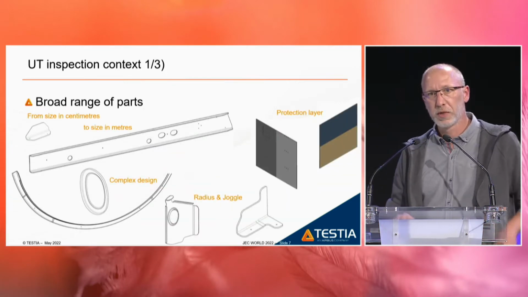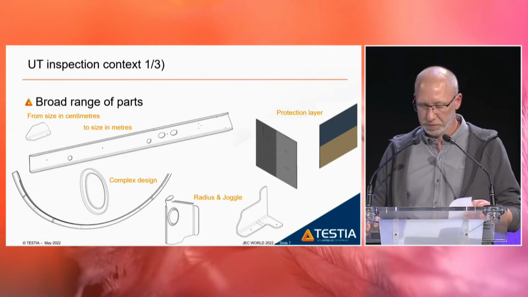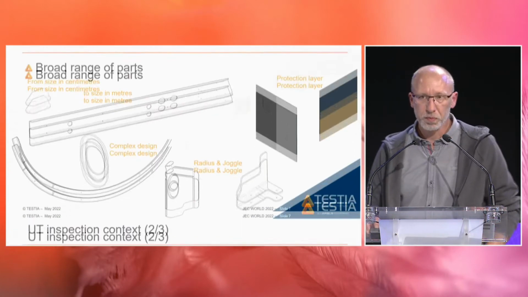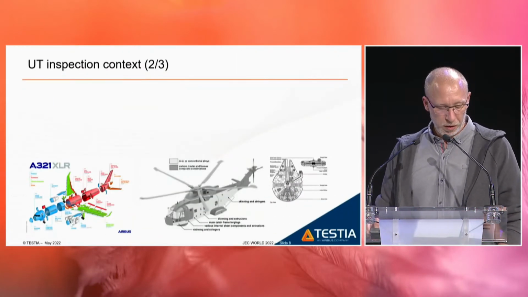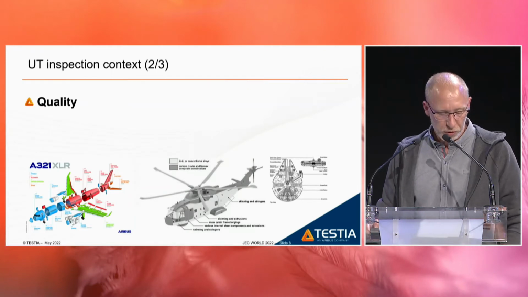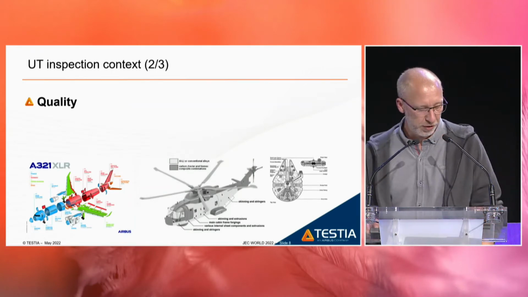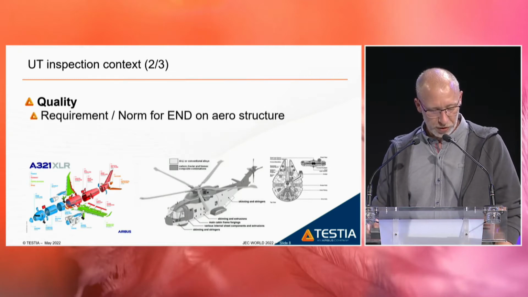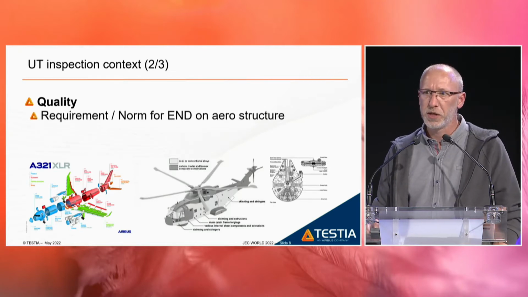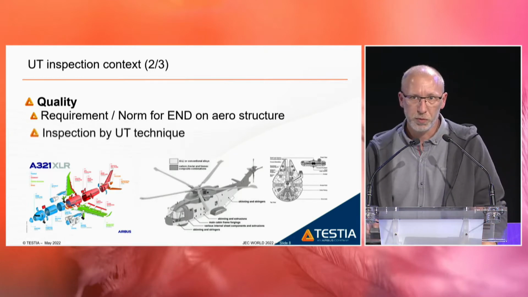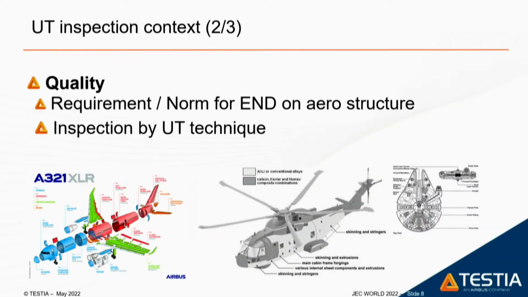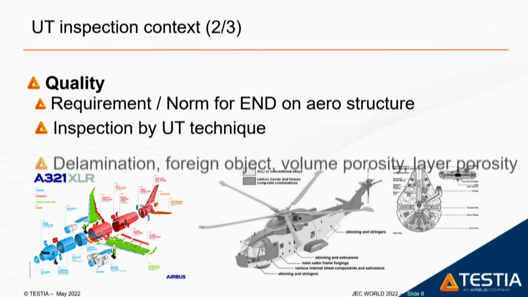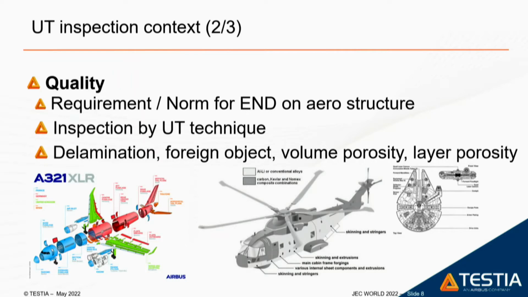To continue, let's have a look at the quality. We have to follow the customer requirements for quality and traceability. The customer requirement for non-destructive inspection on composite parts is mainly turned towards UT inspection, and we are looking for defects due to the manufacturing process, such as delamination, voids, porosity or foreign objects.